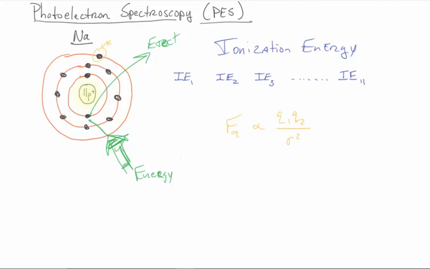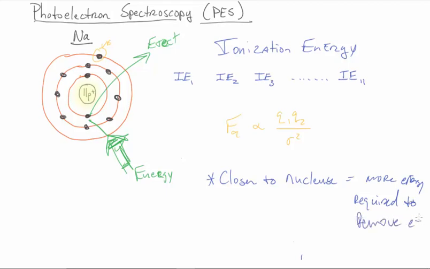The big thing I want you to remember is that the closer to the nucleus, the more energy is required to remove the electron, and that should make sense based on Coulomb's law.